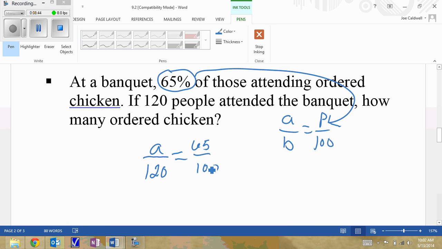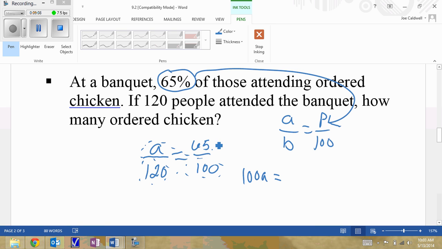So now you just see we're just solving for a different thing, and we can go ahead and use cross multiply or algebra or whatever you're more comfortable with. And so one cross product would be 100A, and from this cross multiply here, right?